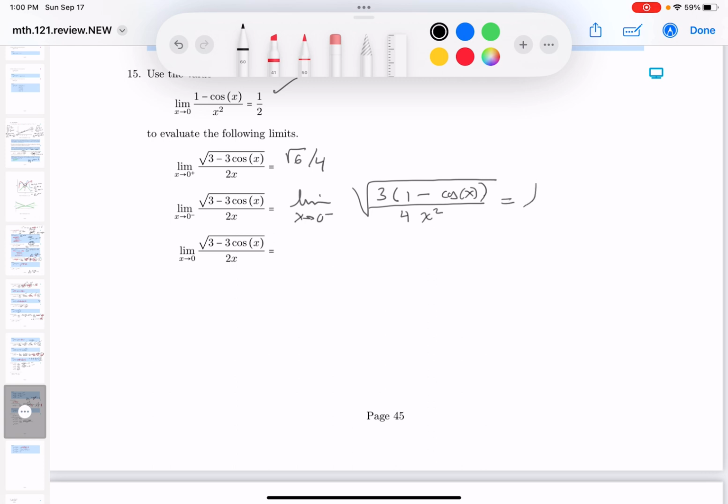This would be equal to limit x goes to 0 from the left, and you'd have, let's see, root 3 over 2. Maybe I should have wrote that down first, by the way. Limit x goes to 0 from the left. And I'm going to, maybe a little bit at a time, write this still as this over here.